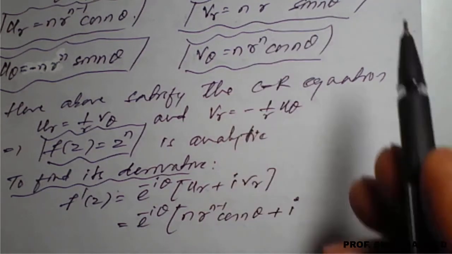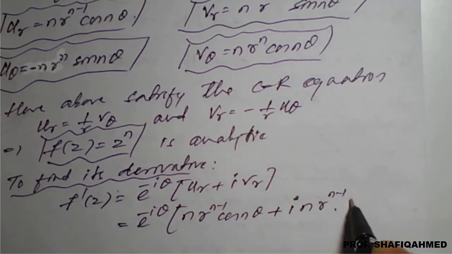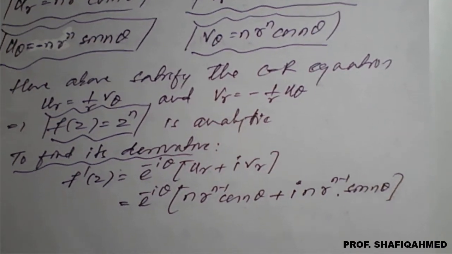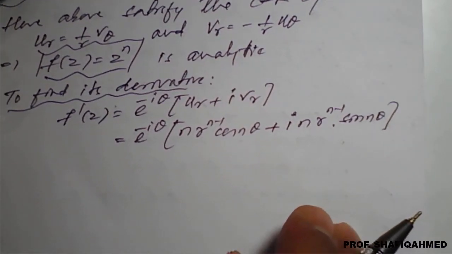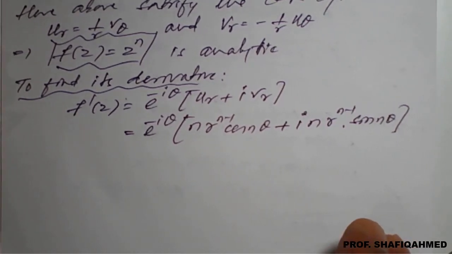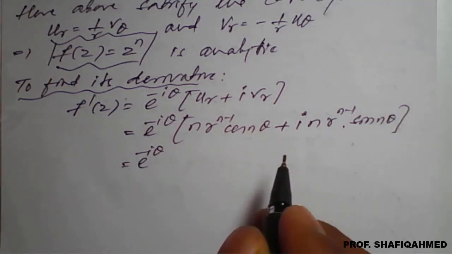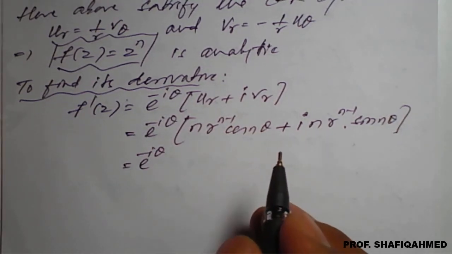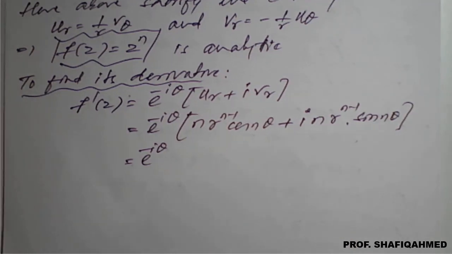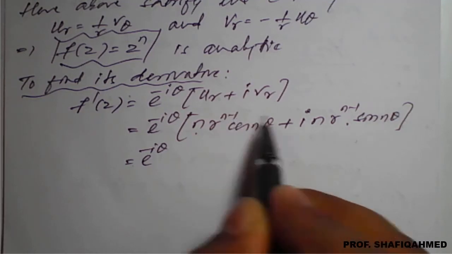So the v_r value we have to take, that is n into r raised to n minus 1 into sine of n theta. Now, once we get this substitution, we need to simplify. Here e raised to minus i theta, and among these two terms n is common and r raised to n minus 1 is common.